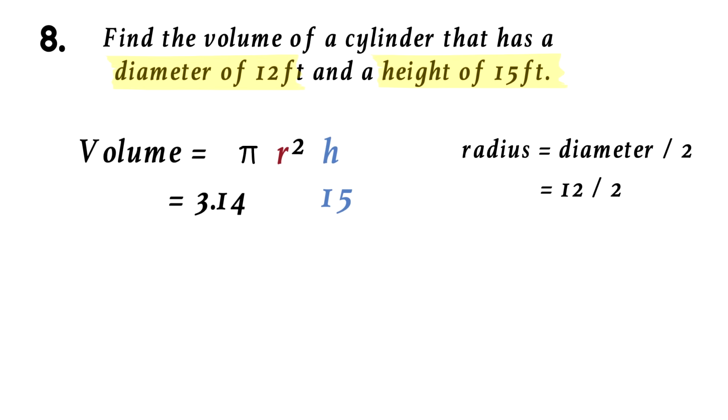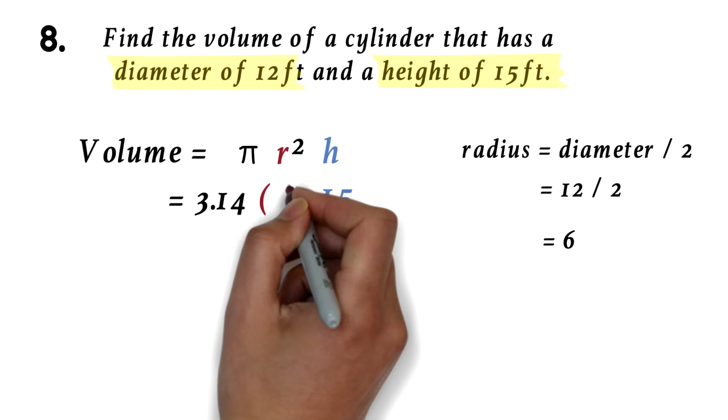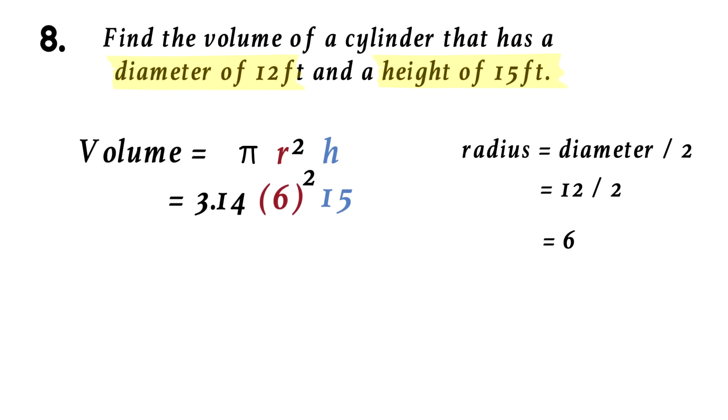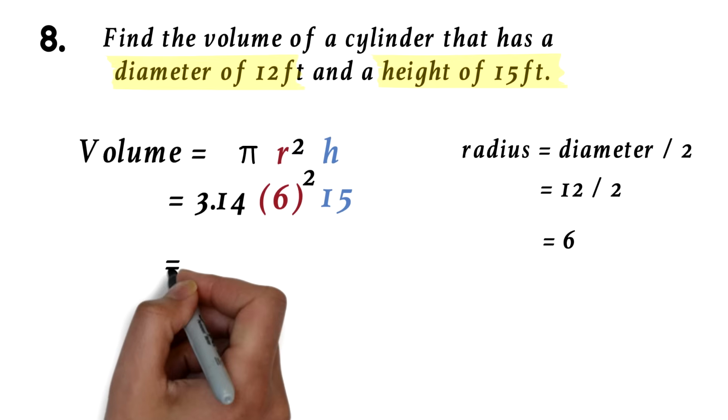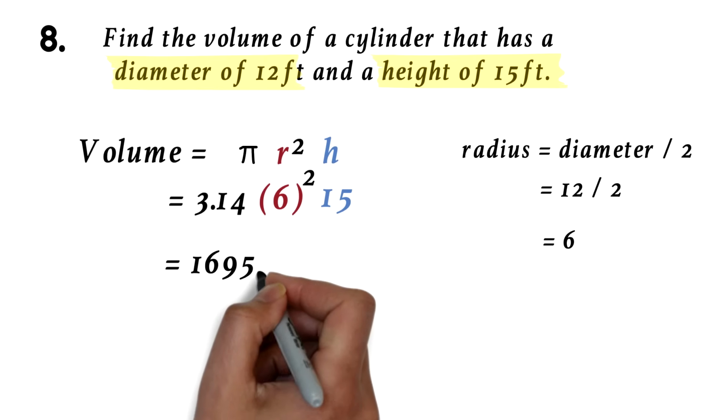So we divide 12 by 2 to get 6 as our radius. So we have the volume to be pi, which is 3.14, times 6 squared times 15. We input this into our calculator and get the volume of the cylinder to be 1695.6 feet cubed.